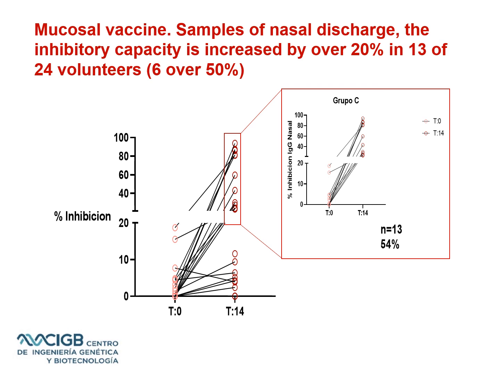So in this case, in 54% of the individuals, the volunteers included in this trial were able to increase the inhibitory capacity by more than 20% in nasal samples. As you can see, there are subjects with very high inhibition capacity in this kind of sample.